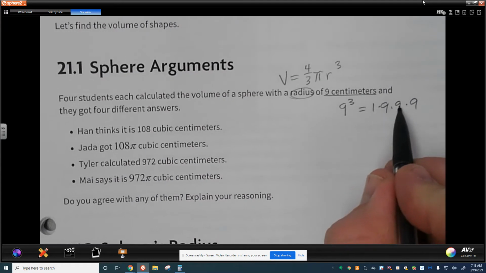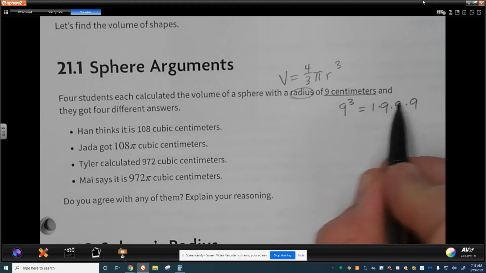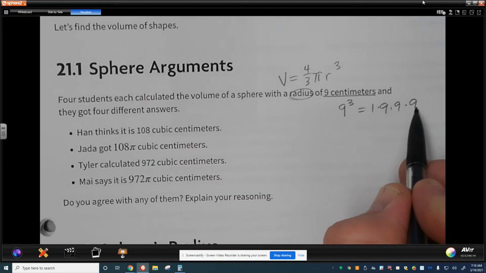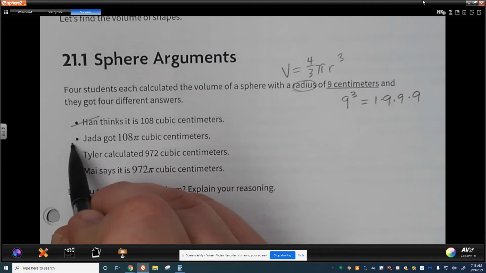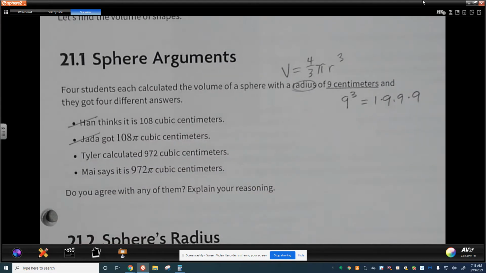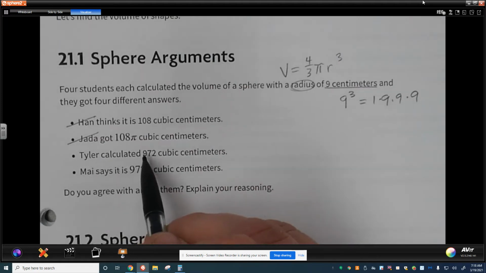I know that 9 times 9 is 81. I know that 81 times 9 is going to be well over 700, so I'm immediately going to eliminate Han and Jada. They both made some kind of serious mistake. I doubt they used the correct formula for this. So that leaves me with Tyler and May.